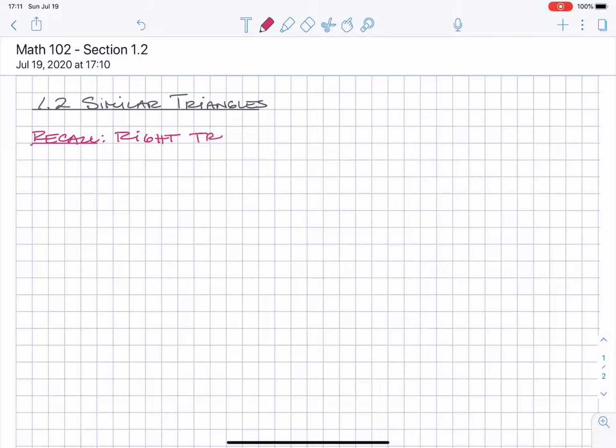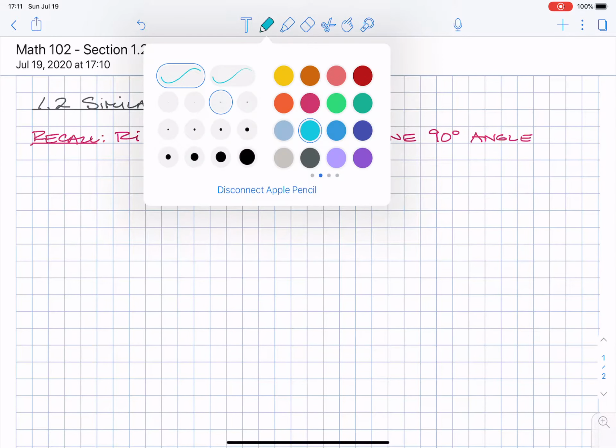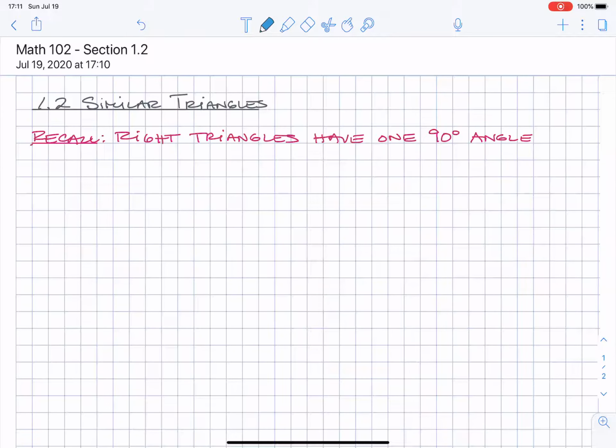So right triangles have one 90-degree angle. Okay, so definition.